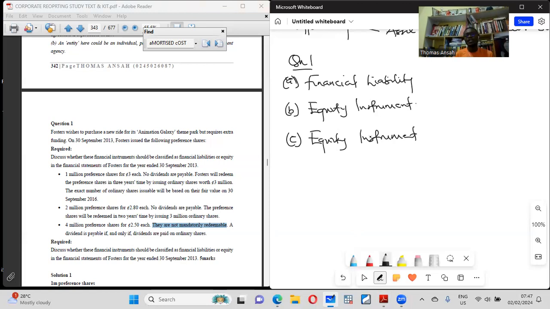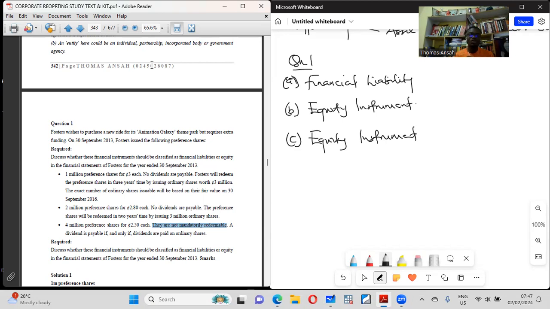So we say the first is a financial liability because of the variability of the number of shares. The second is an equity instrument because of the fixed nature and known number of shares. We also know the third is an equity instrument because it is not mandatorily redeemable, and again, dividend is only paid when ordinary shares are also receiving their dividend.